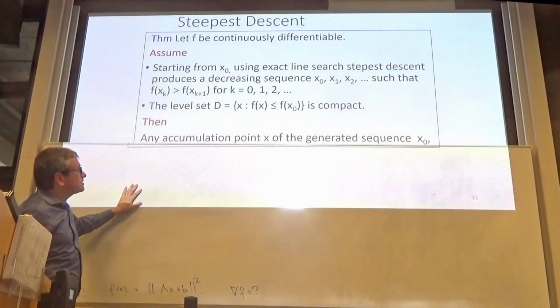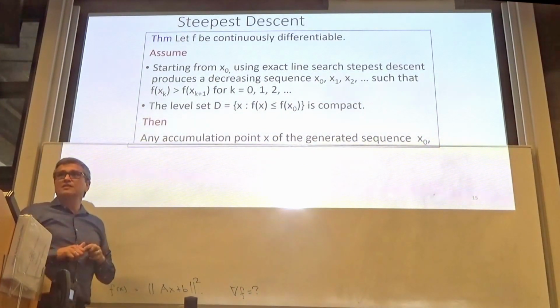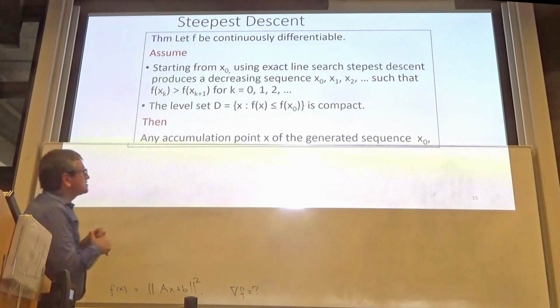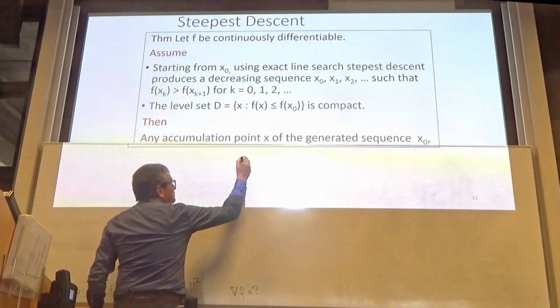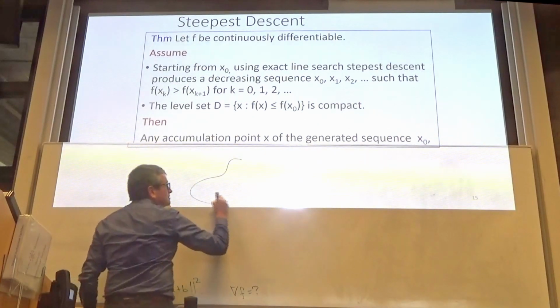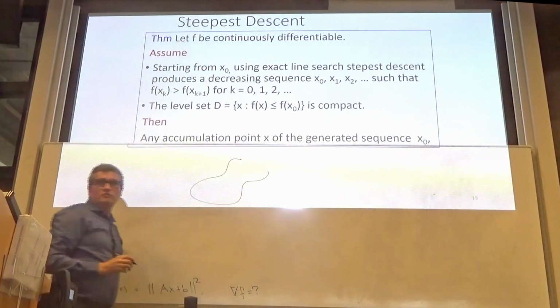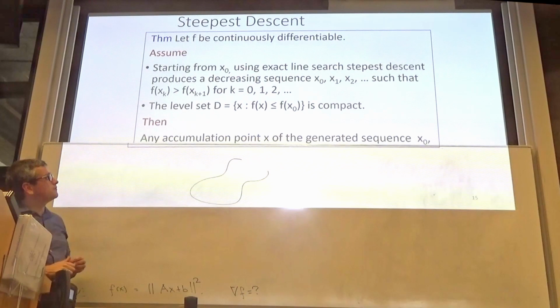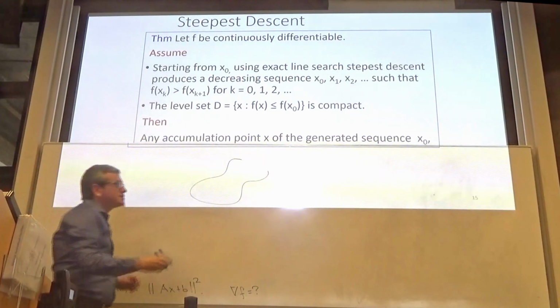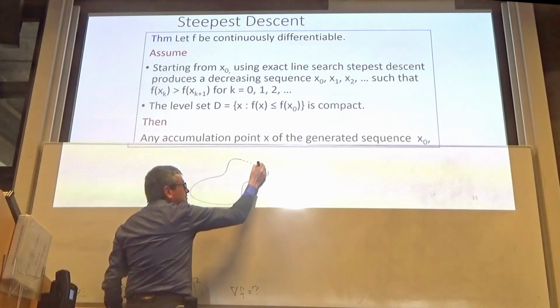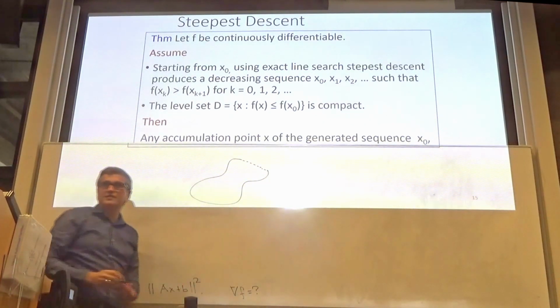One is the compactness assumption. What does that mean? Basically, I have a set. My set might be like this. And then I can have two issues with a set that will break compactness. One is maybe the boundary is not there. So it's a set that looks like this.